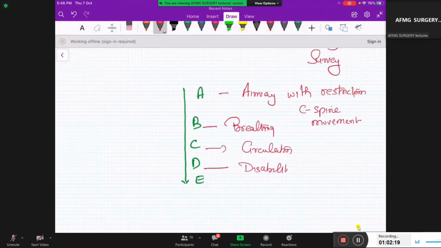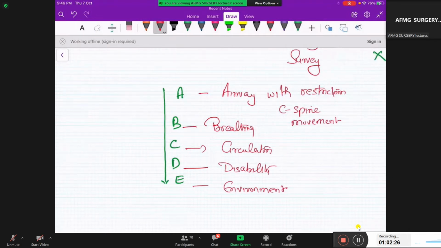And E stands for environmental exposure. Understand the sentiments of the poet. So A stands for airway with restriction of cervical spine movement, B for breathing, C for circulation, D for disability, and E for exposure.